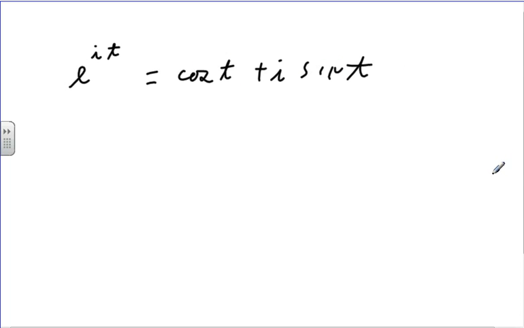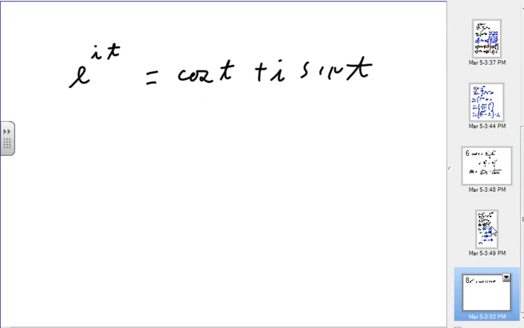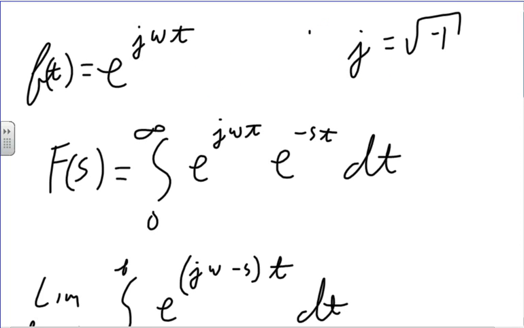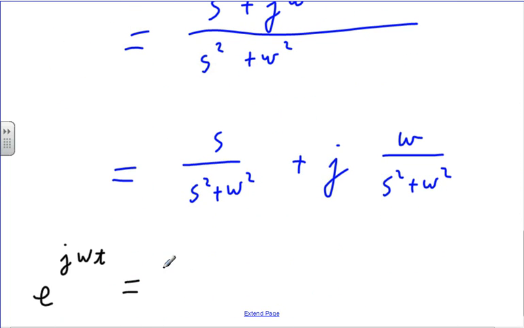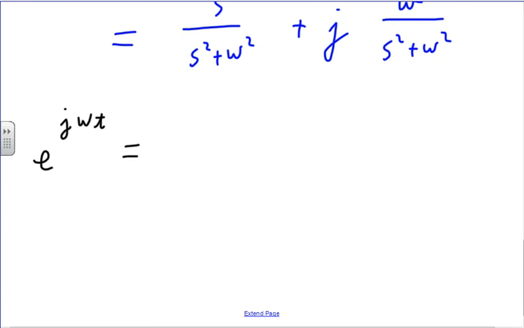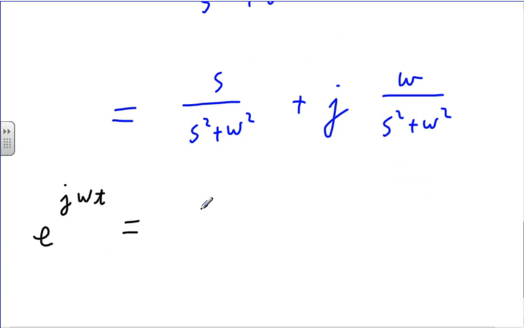Remember that? Imaginary operator there in the e guy. You might remember that if I told you to remember it. So e to the j omega t has to be cosine omega t plus j sine omega t.